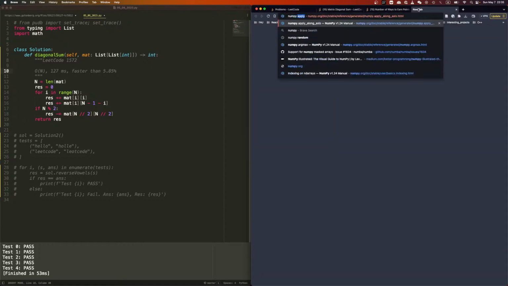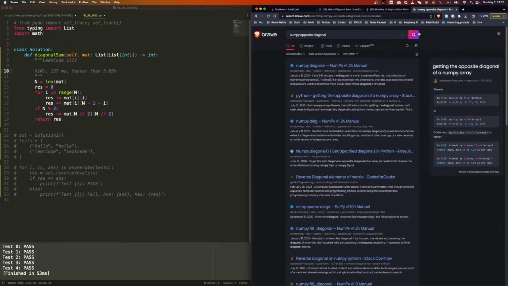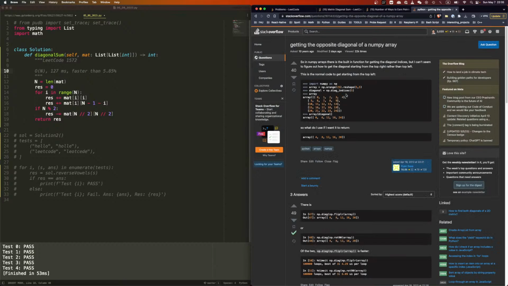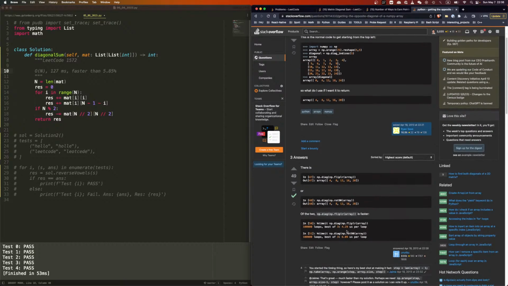NumPy opposite diagonal. Do we have that? Flip. Okay, so we need to use this.